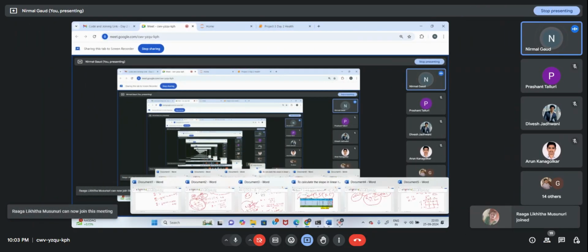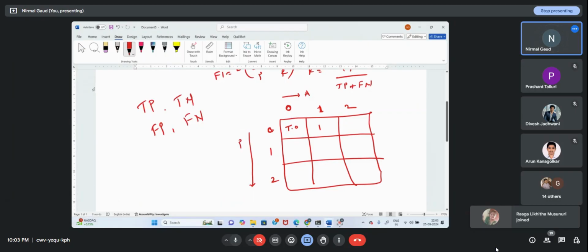Because this is very much important to understand: your actual is 1, the model predicted it as 0, then it will be false 0. If your actual is 2 and the model predicted it as 0, it will again be false 0.